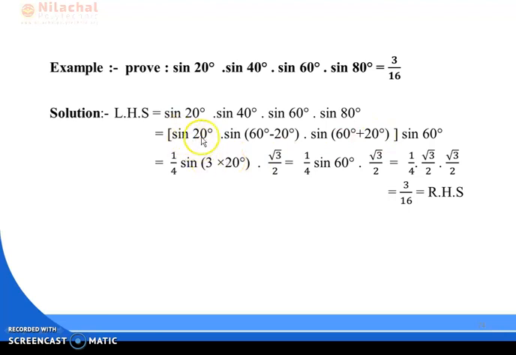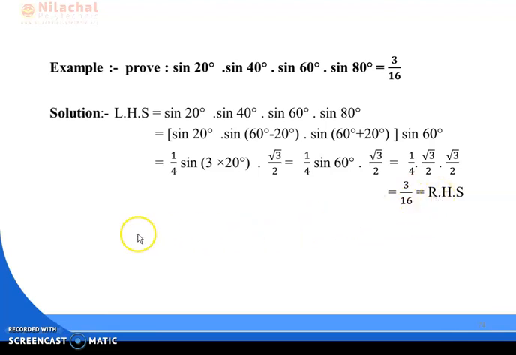So we know that sin A into sin of 60 degree minus A, sin of 60 degree plus A equals what? Sin 3A by 4. So we just put A as 20 degree. What do we get now? Sin 60 degree, and we know the sin 60 degree value is root 3 by 2. So we get 1 by 4 into sin 60 degree, root 3 by 2. This is 1 by 4 into root 3 by 2 into root 3 by 2. We get 3 by 16. So here the RHS is proved.